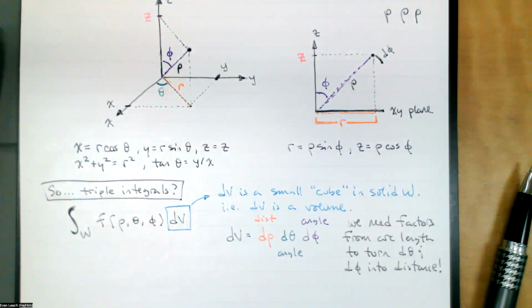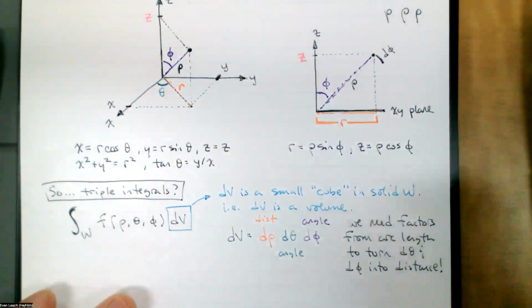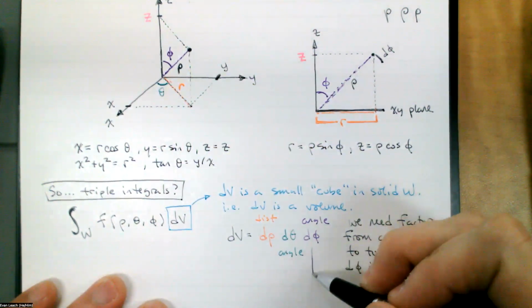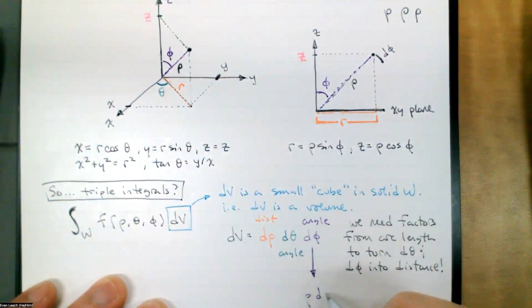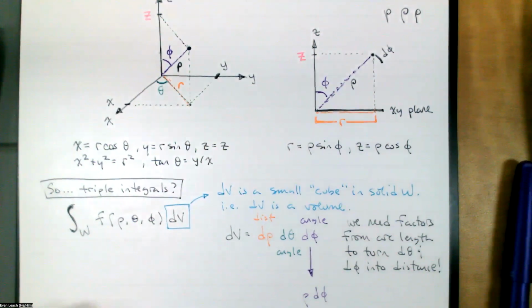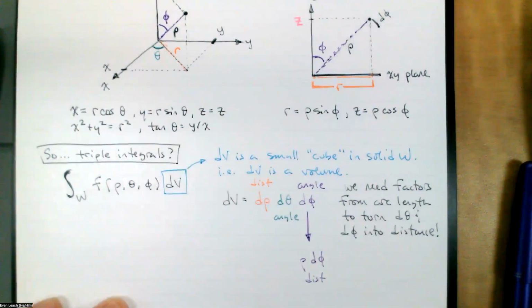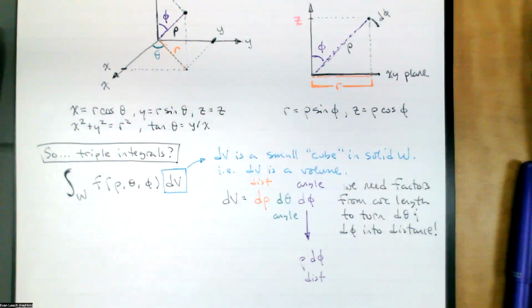Sorry, I keep switching up d phi and d rho. That is rho units away from the origin. So to turn d phi into a length, we just need to multiply by rho. Rho times d phi, that is now a distance.